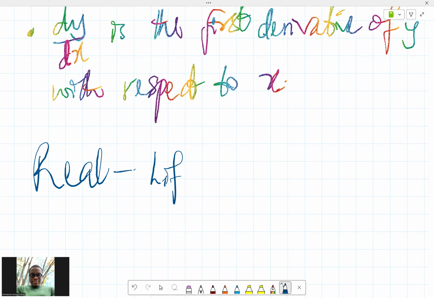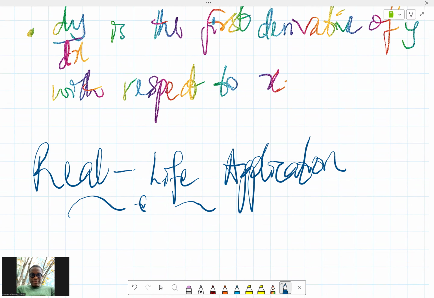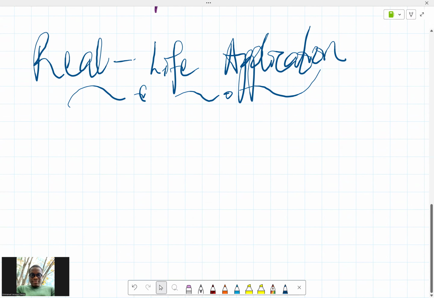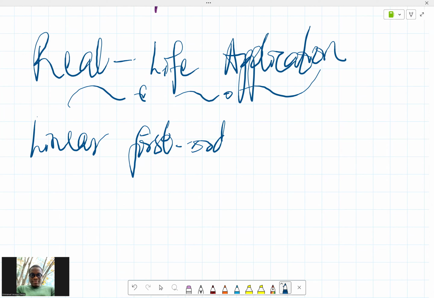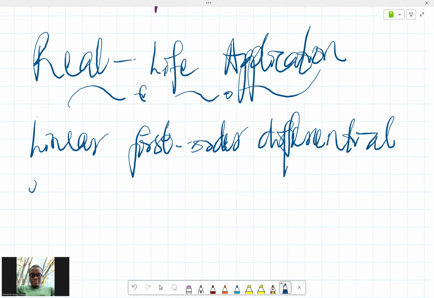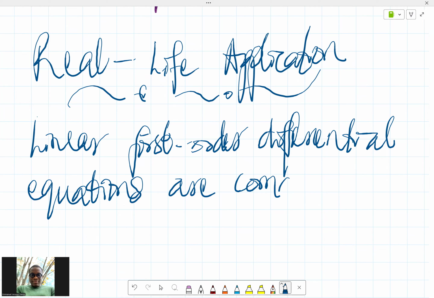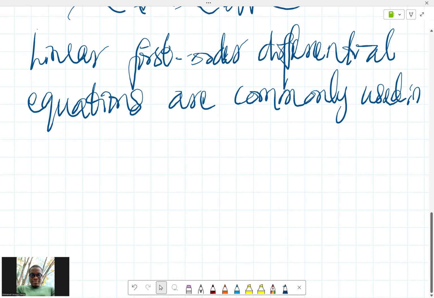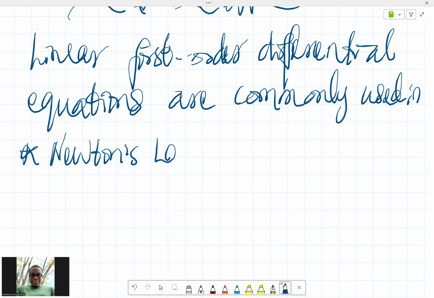Real life applications: linear first order differential equations are commonly used in, one, Newton's law of cooling.